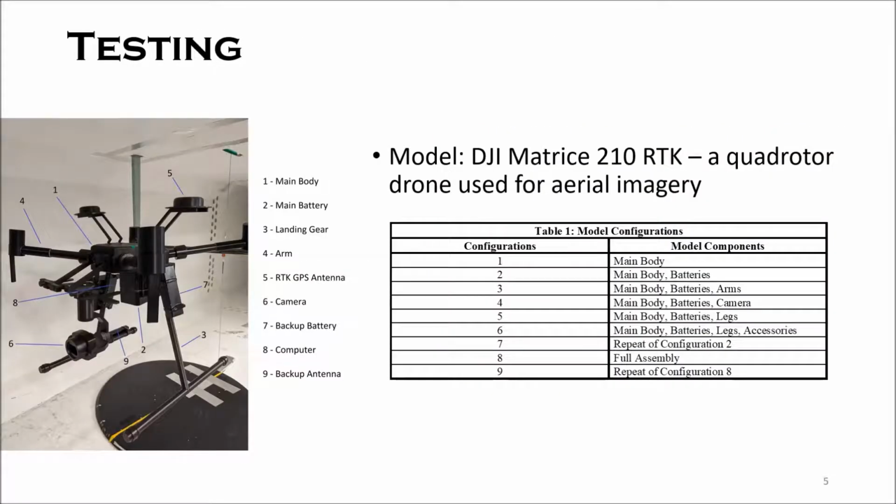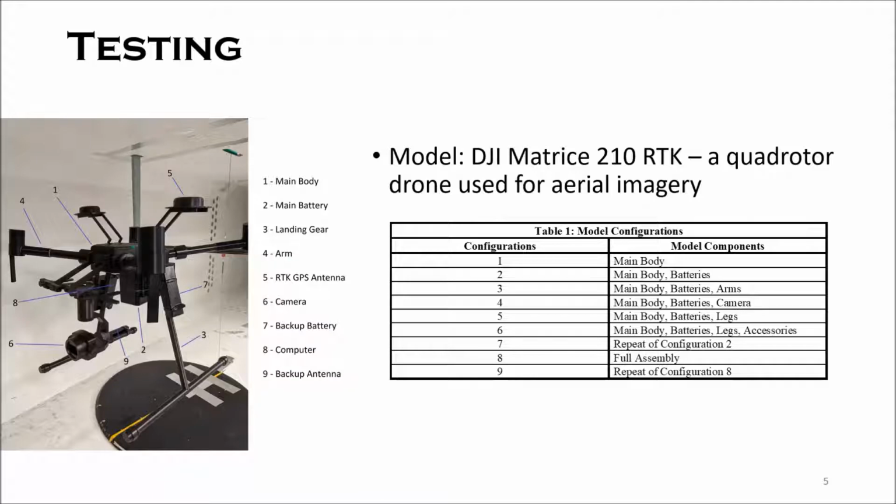The model chosen as the unmanned aerial multirotor vehicle was the DJI Matrice 210 RTK, which is a quadrotor drone used for aerial imagery. Testing was carried out to reflect the vehicular aerodynamics requirement alone, not including the rotors. That is, flow only over the body components was considered.